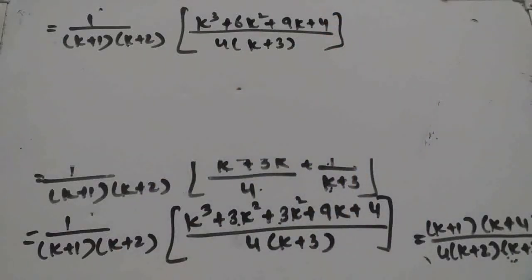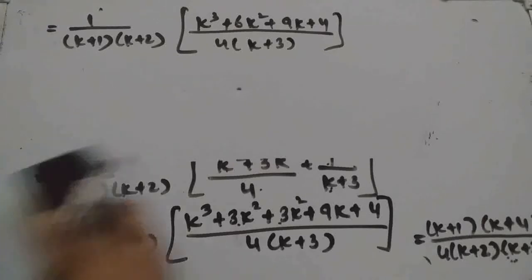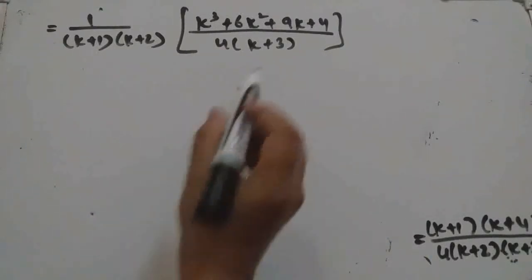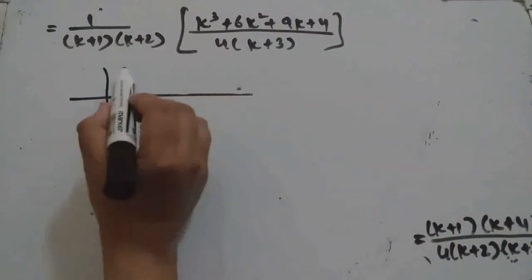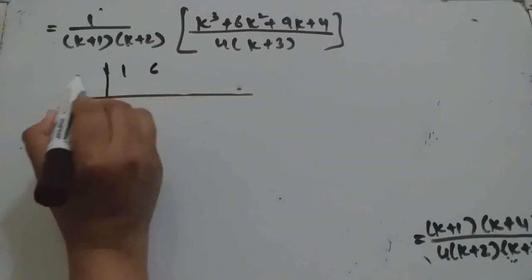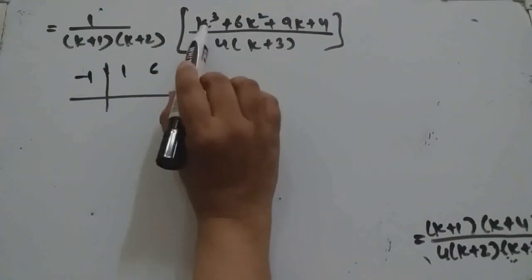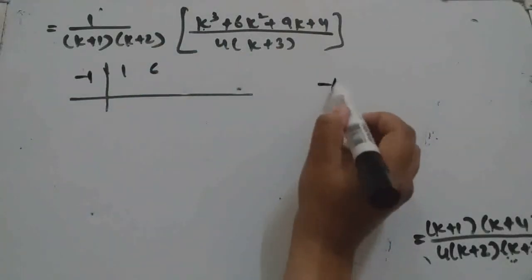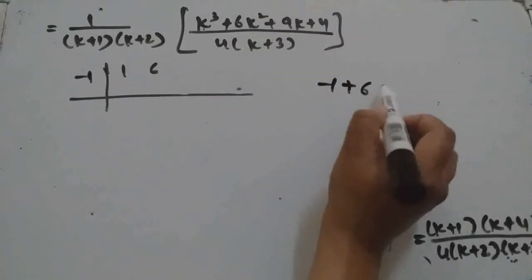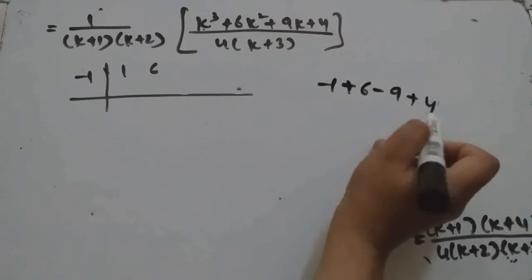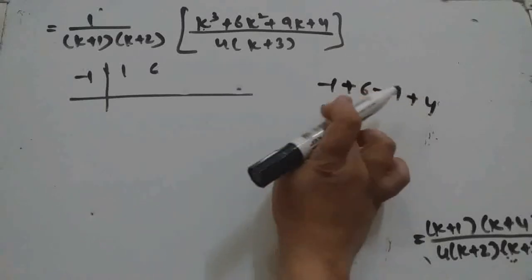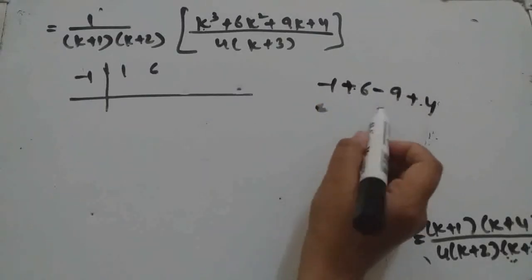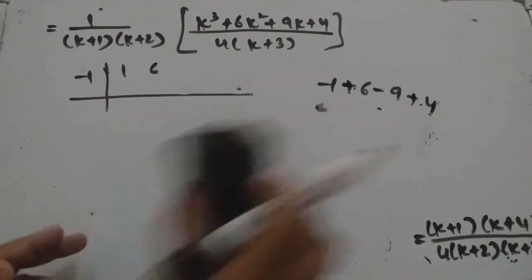So we can find the factors by using synthetic division. So how we can use synthetic division? See here, one factor we should find here. Minus 1 will be the factor. Minus 1 means this will be minus 1 plus 6 minus 9 plus 4. So this will give 5 plus 4, 9 minus 9, 0. So minus 1 is one factor.